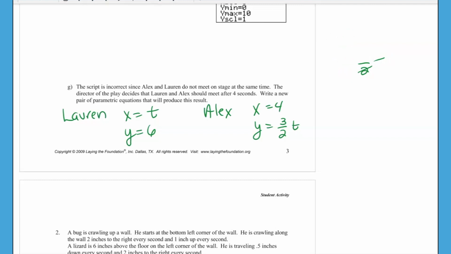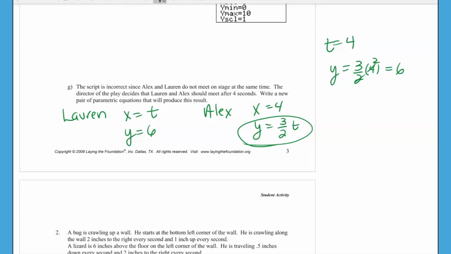So that's not right. How about we try when t is 4? I'm sorry, and let y be 3/2 of 4, and we can see that that's the same ordered pair that we wanted to have. So when we have a time of 4 and we slow Alex down a little bit, we get that they do intersect at the spot that we wanted them to.